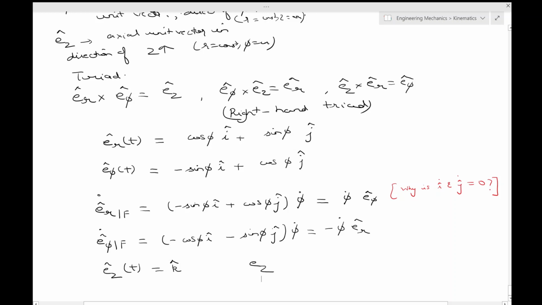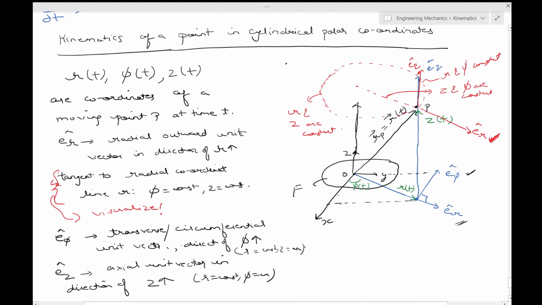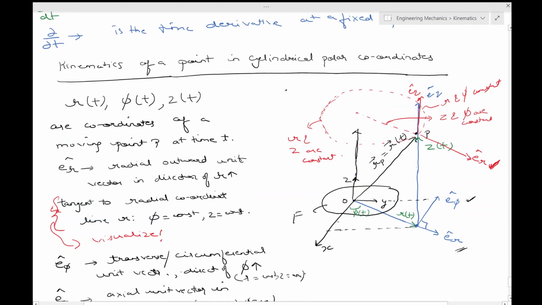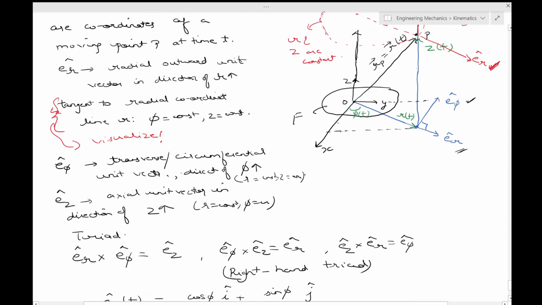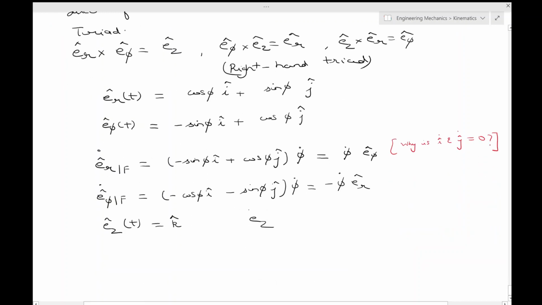Okay, that's obvious because the direction of ez is the same as that of the z, so this is the same as that of k cap. So the time derivative of ez with respect to this frame f is equal to 0, because k dot will be equal to 0.